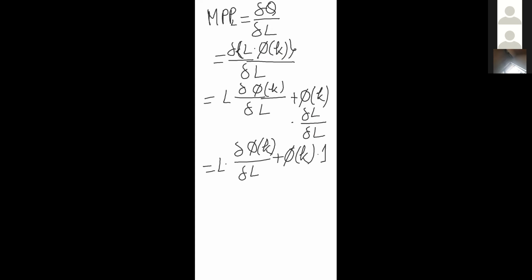So we can write phi of small k plus L into del phi of small k divided by del L. We have to differentiate phi of small k first, then we can write phi prime of small k. Then we have to differentiate del small k, that means capital lever ratio with respect to k. Here this term is clear or not?